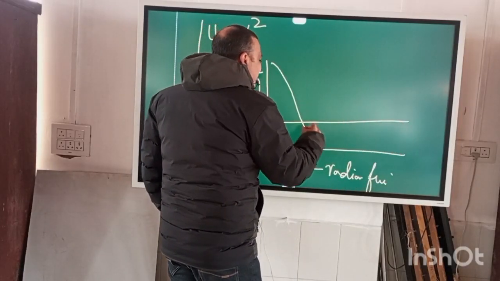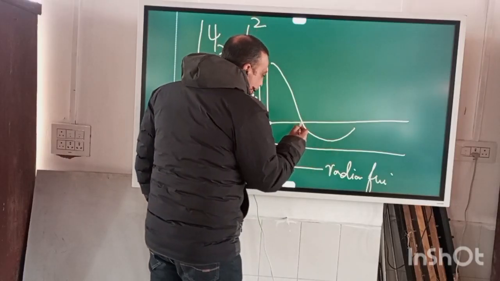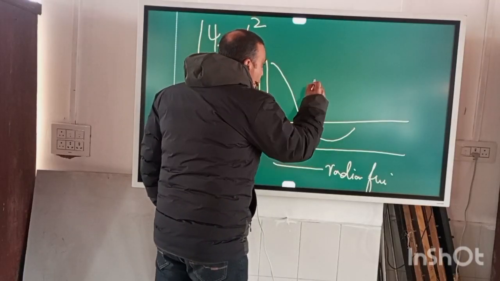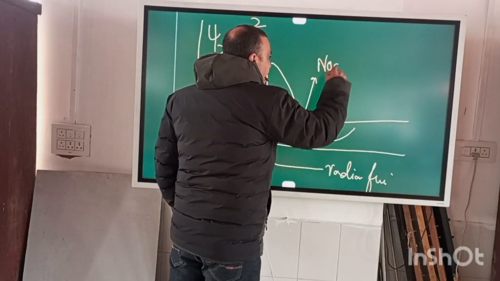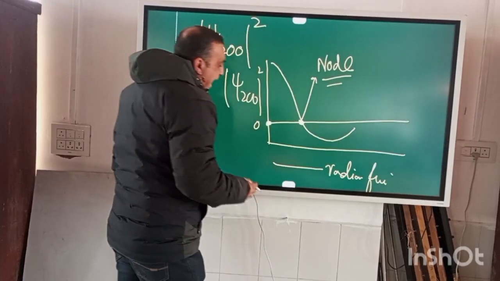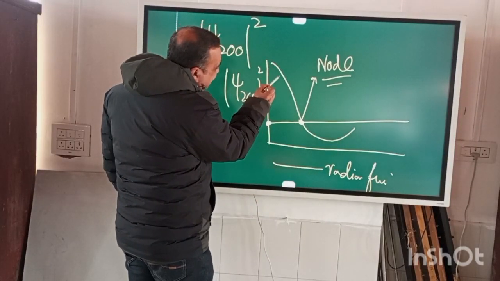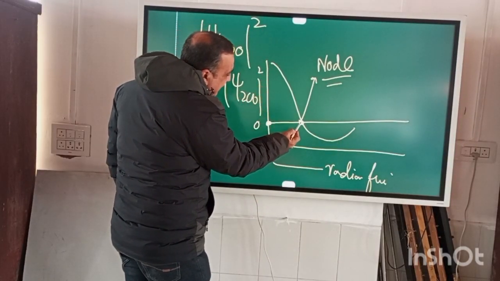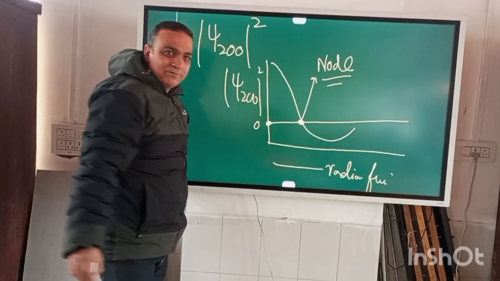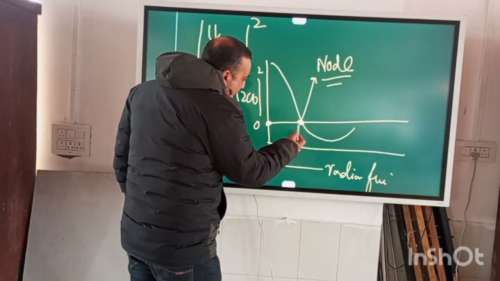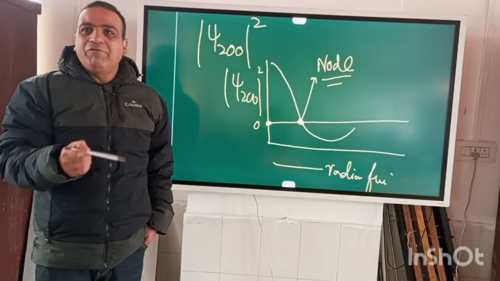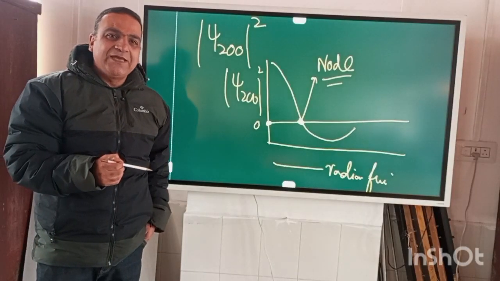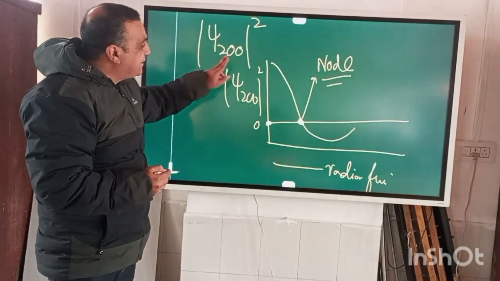I obtain a behavior like this. Now this point is called a node. And you can see that this probability density is 0 at this point. That means you have a point where the probability of finding the electron is 0 for 2s.